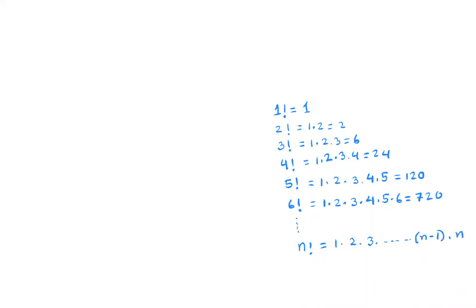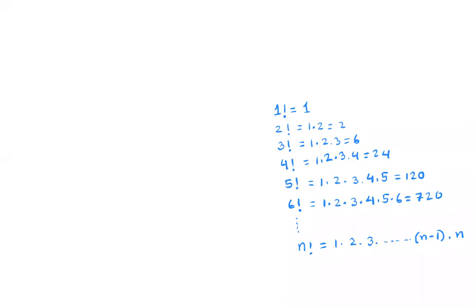That means you multiply all the numbers starting from 1 up to that number n. Now, this is called factorial of a positive integer.